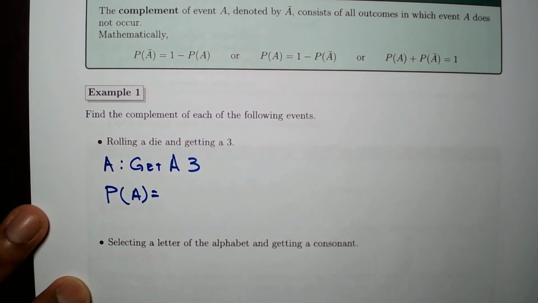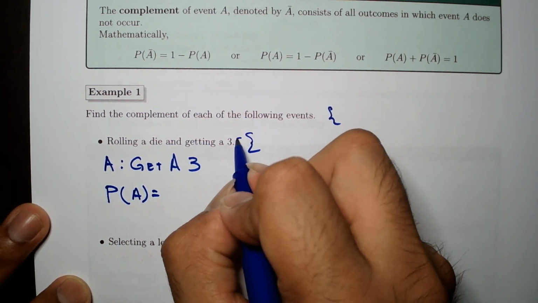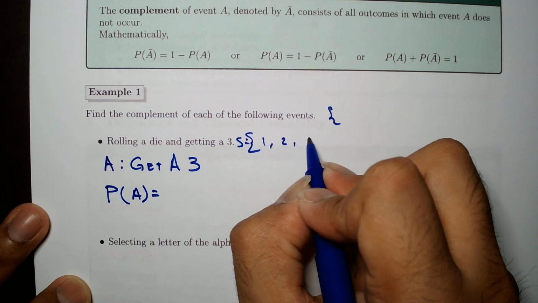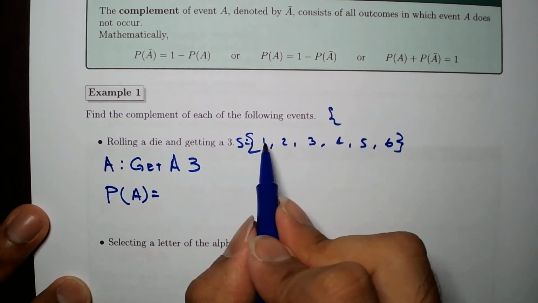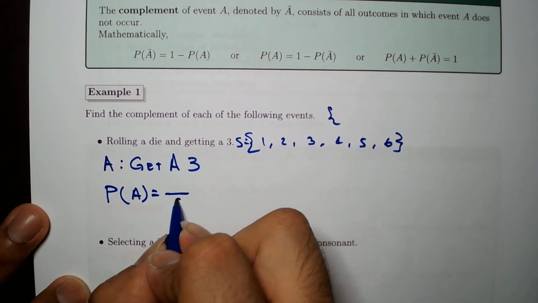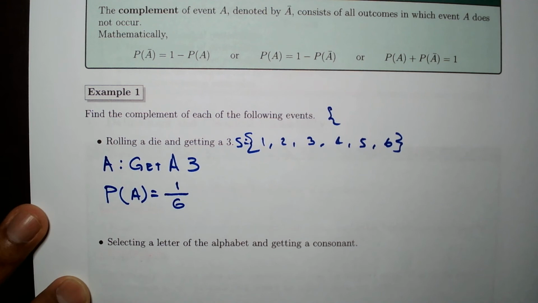If you go back to the sample space of rolling a die, 1, 2, 3, 4, 5, 6, out of the total outcomes, which is 6, in how many ways can we get a 3? Only one, so 1/6.